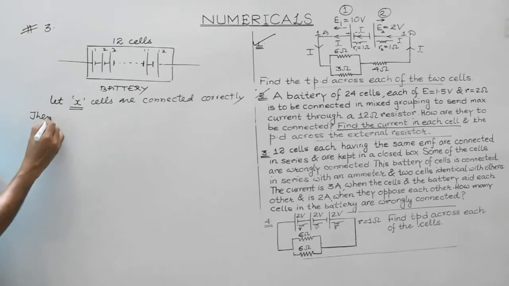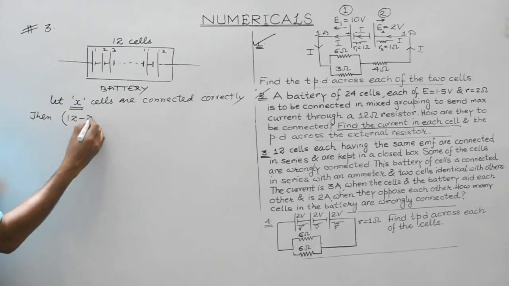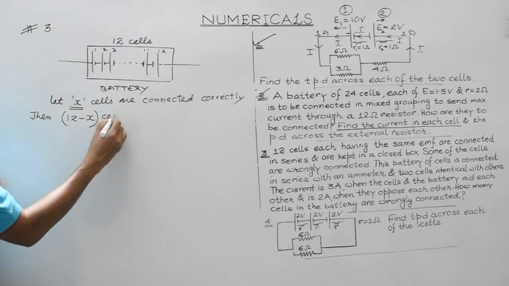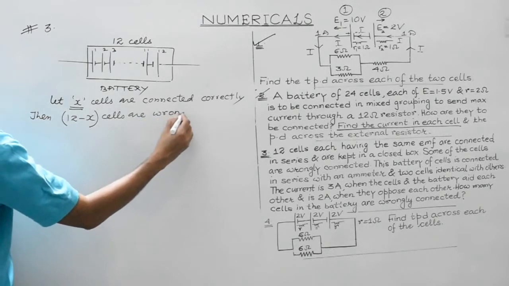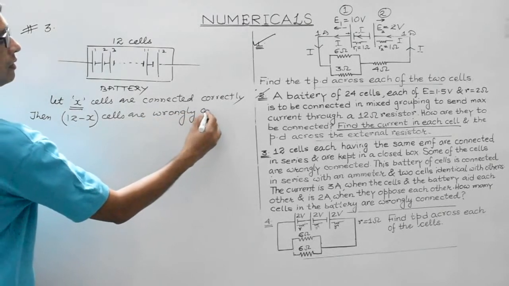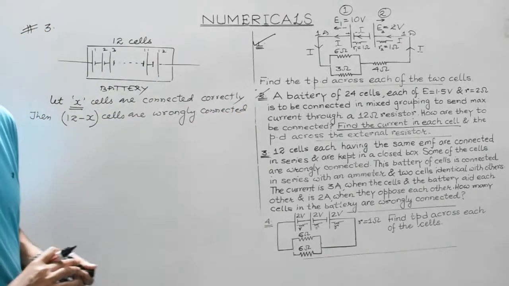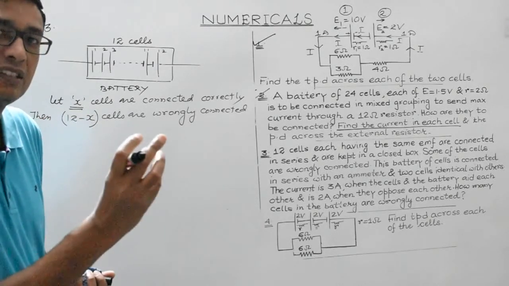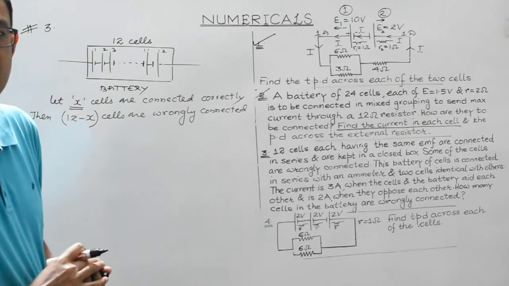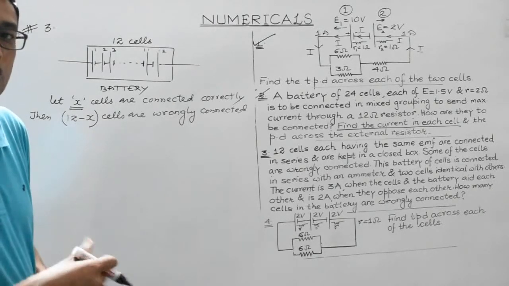Then, out of 12 cells, if X cells are connected correctly, then 12 minus X cells are wrongly connected. Clear, students? What we have assumed is, out of 12 cells, suppose X cells are connected correctly. Then 12 minus X cells must be connected wrongly.